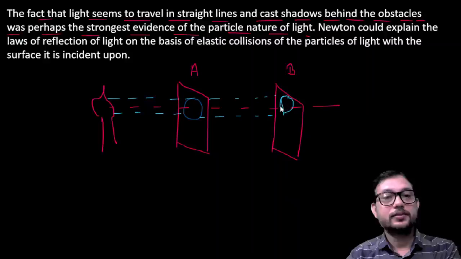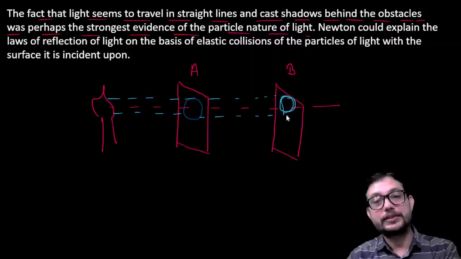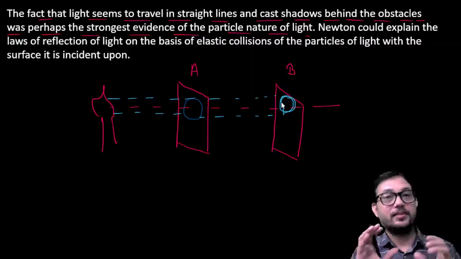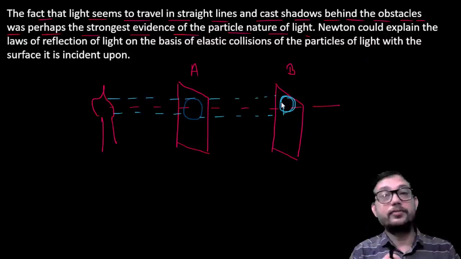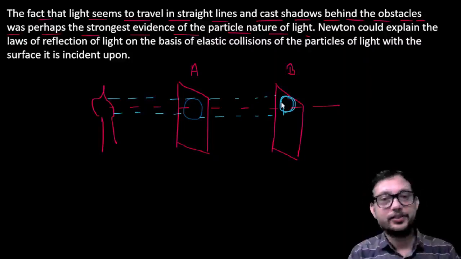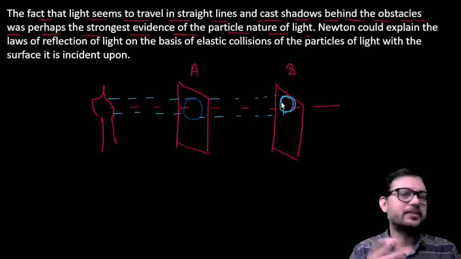It is in the shape of a circle like this one. So this is the hole, and the light of the same size as the hole appears on cardboard B. This simply represents that light travels in a straight line.